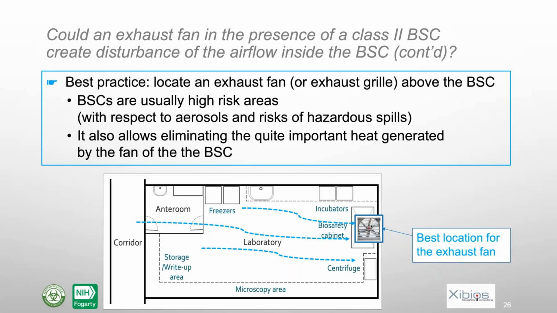Also because you will evacuate the heat which is produced by the fan of the biosafety cabinet, and a biosafety cabinet produces quite a lot of heat, and you will evacuate it immediately. So clearly, the best location of an exhaust fan or an exhaust grill of an HVAC system is above a biosafety cabinet. You could even use a canopy, like the one that we put above an autoclave.